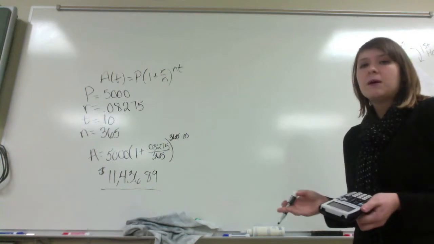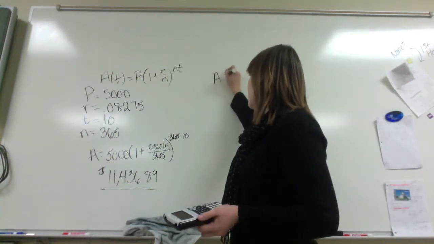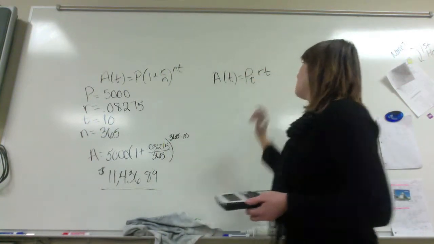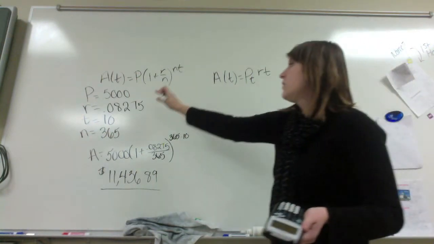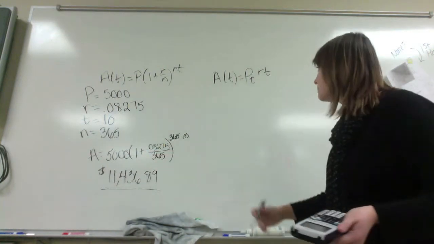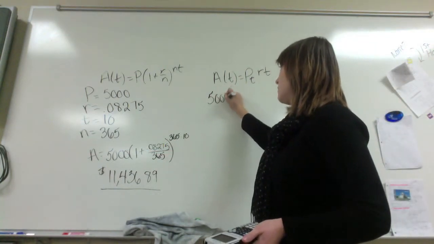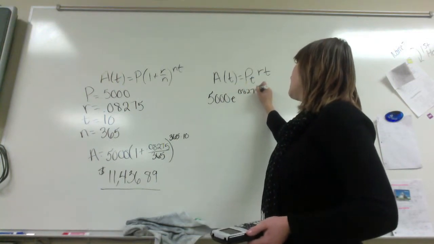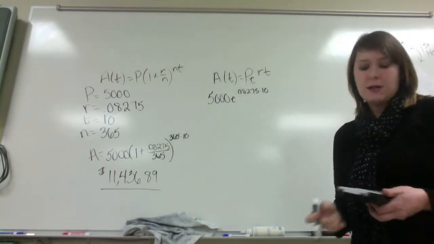Now remember, I'm comparing it to something that's compounded continuously, and if something's compounded continuously, I need to use my PERT formula. So now I'm going to use my PERT formula, and I'm going to use the same values over here, except in this one I don't need my N because I'm compounded continuously. So I've got 5,000 times e to the 0.08275 times 10. Okay, so I can just plug that into my calculator.